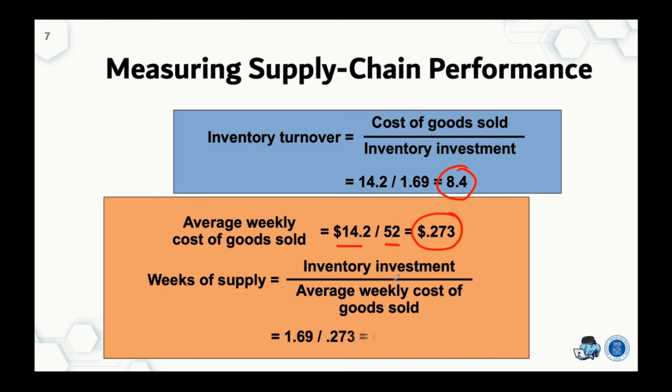Then the weeks of supply is equal to the inventory investment, which is 1.69 in this case, divided by the average weekly cost of goods sold. So every 6.1 weeks, around 6 or 7 weeks, we have to supply the materials or the inventory.